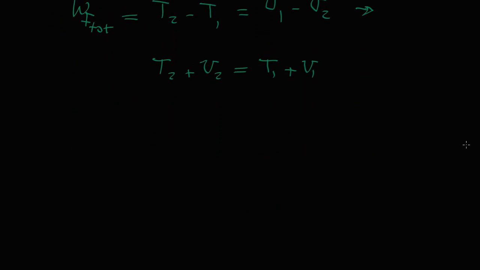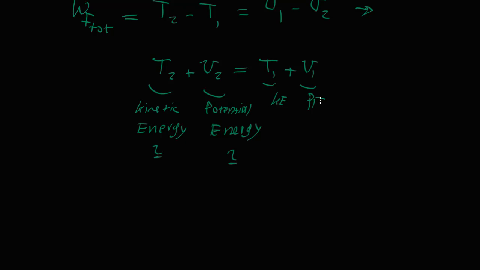This is kinetic energy, and this is potential energy. So this is the kinetic energy at point 2, potential energy at point 2. Same thing here, kinetic energy and potential energy at point 1.